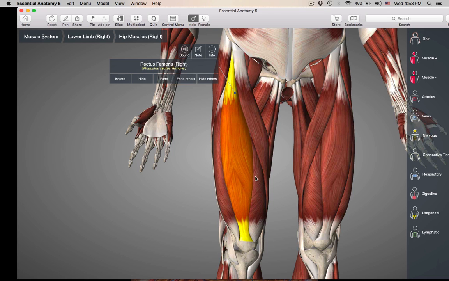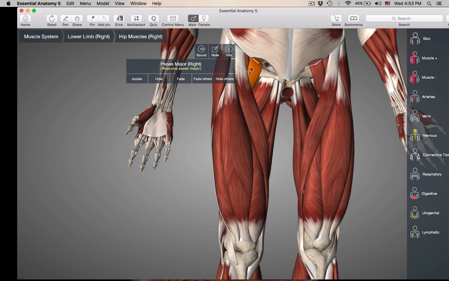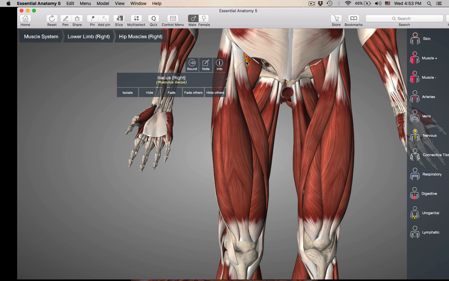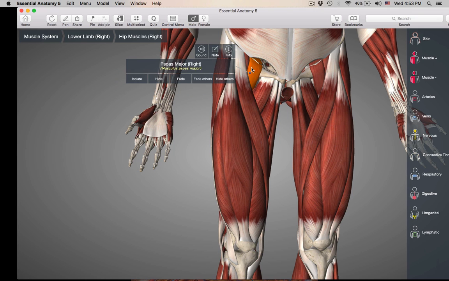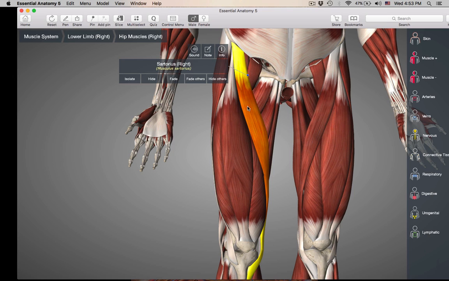So recap, you have your hip flexors, you have your psoas major, you have your iliacus. Remember what those look like? Once they cross under the inguinal ligament, it's the iliopsoas. Then you have Sartorius, then you have rectus femoris.